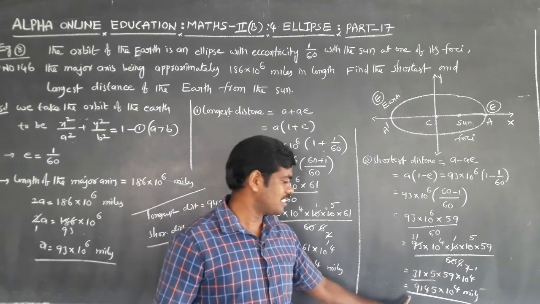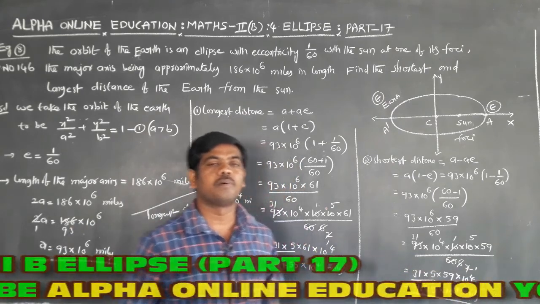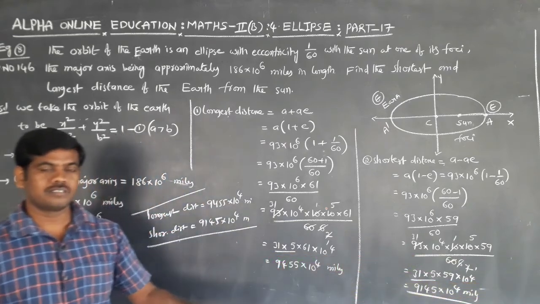Shortest distance is 9145 into 10 to the power of 4 miles. That is the answer.